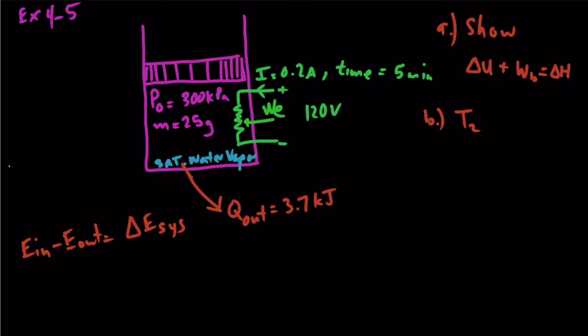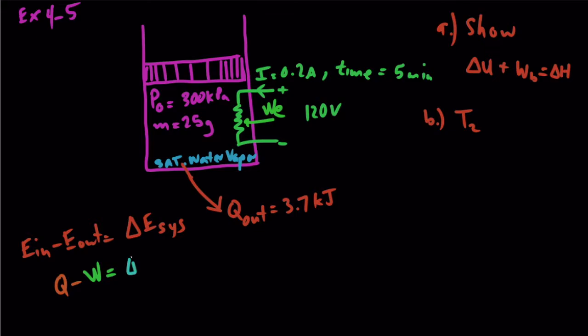So we're going to say that E in minus E out, we can replace with the only energy coming in and leaving, which are work and heat. So Q minus W, we'll put that in green, is equal to the change of energy of the system.